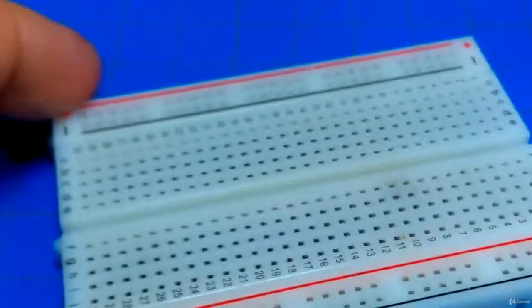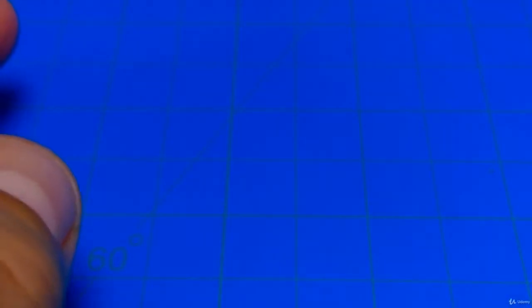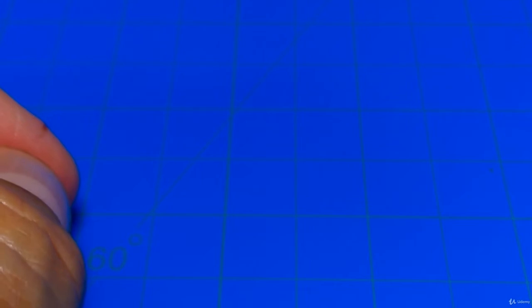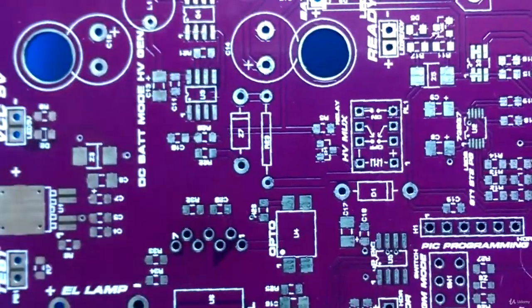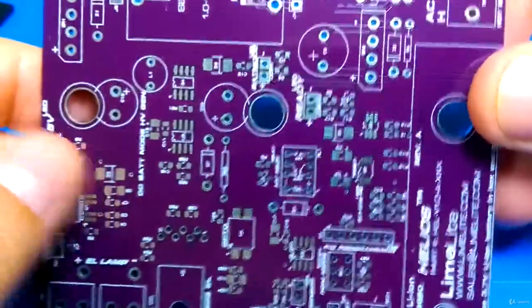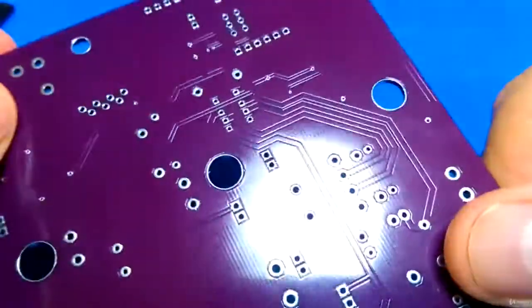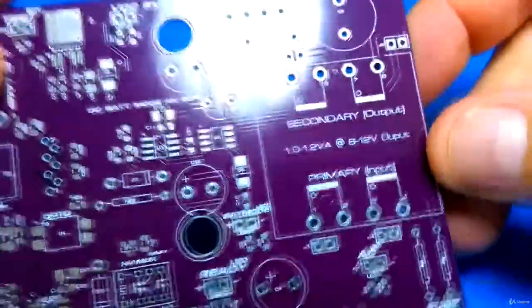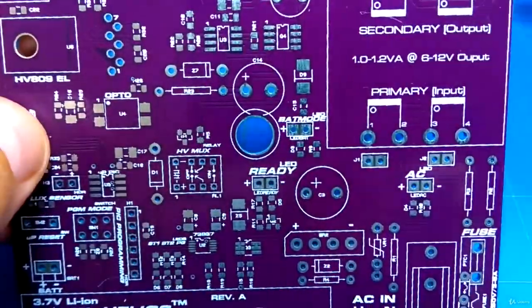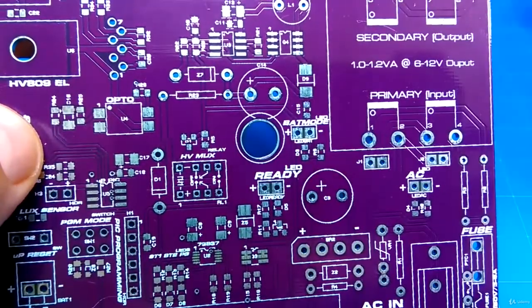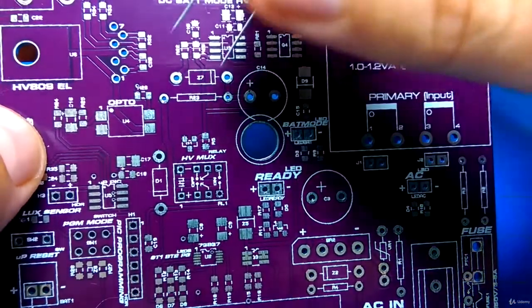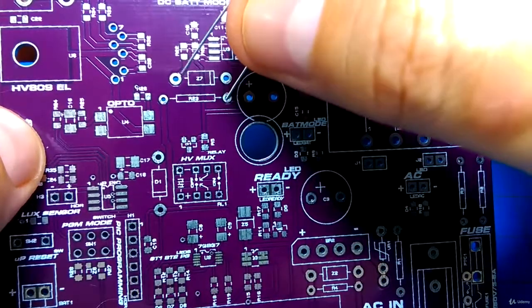Another reason to bring that point home, let me grab a circuit here. So here is a printed circuit board, something that I made for a project or a product. You'll notice that there are holes in the board, and those holes are exactly for resistors and components to go into.